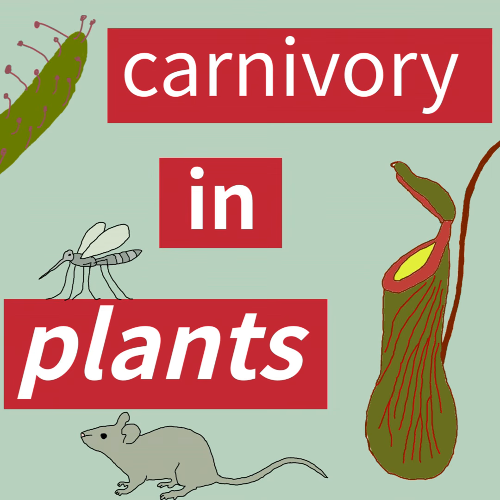If the insect is small enough, then it can escape, and that saves the plant from spending energy on digesting such a small prey, which it's not going to get much value from. But larger insects are not going to be able to escape through these bars, and they're going to continue stimulating these hairs, which will push the trap further shut and start the digestive process.